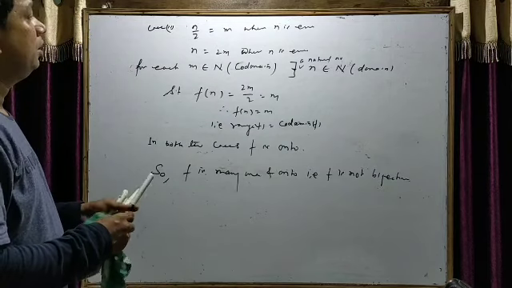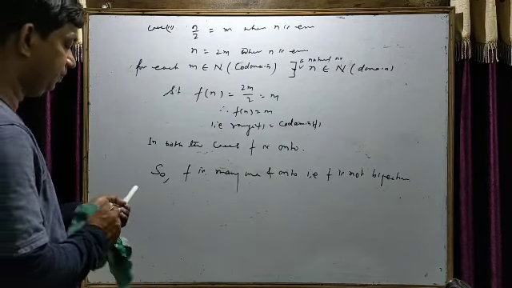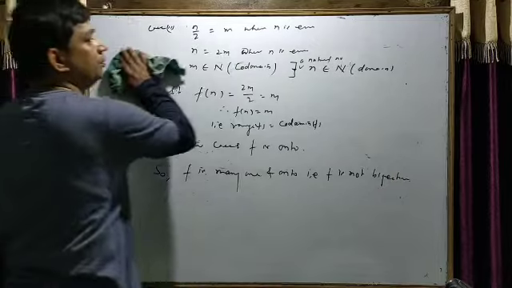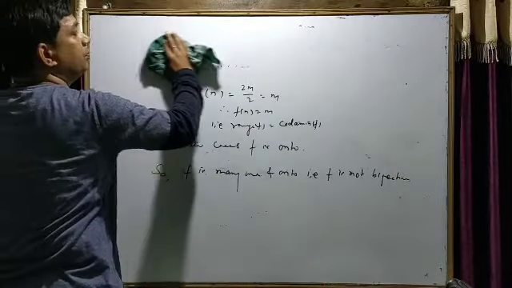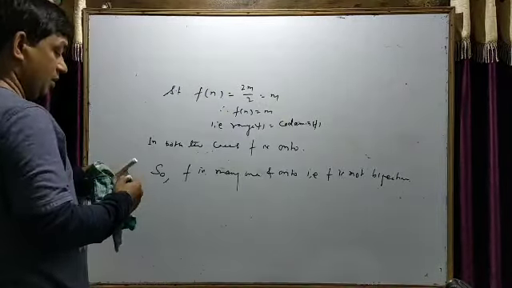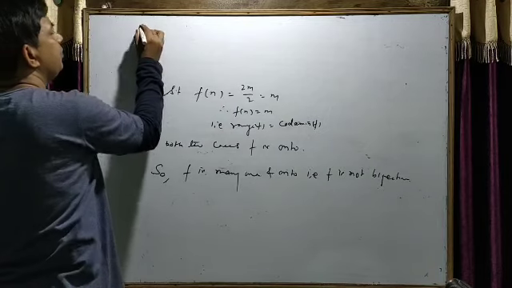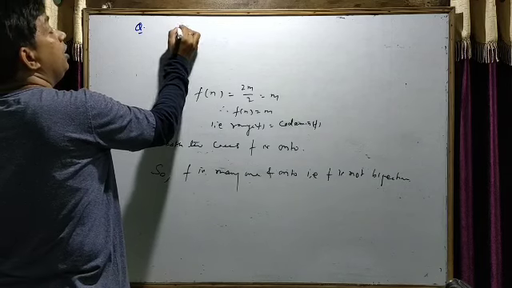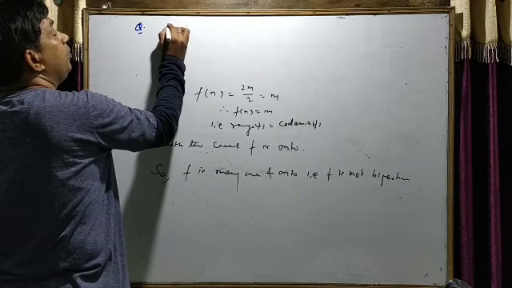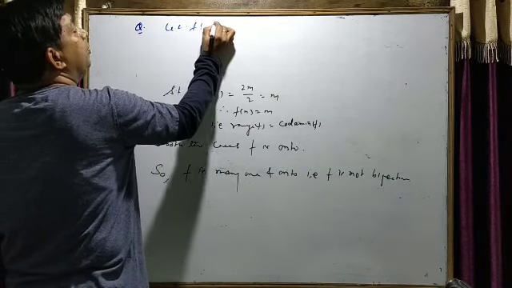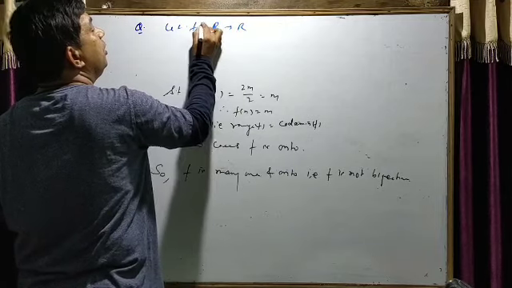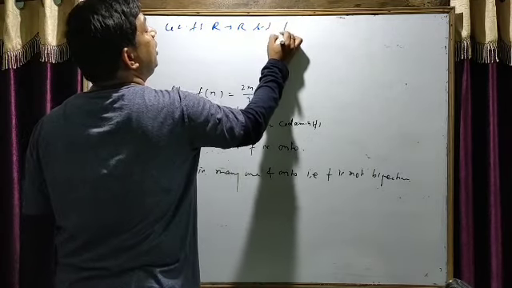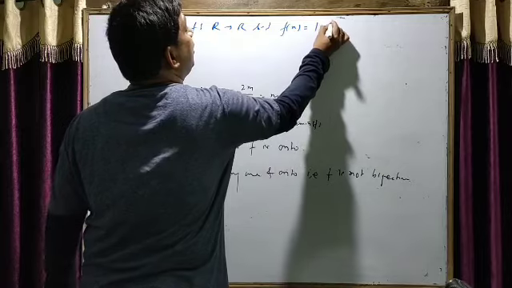Some more questions. Write fast. Question is, let f be a function from R to R such that f of x equal to mod x.